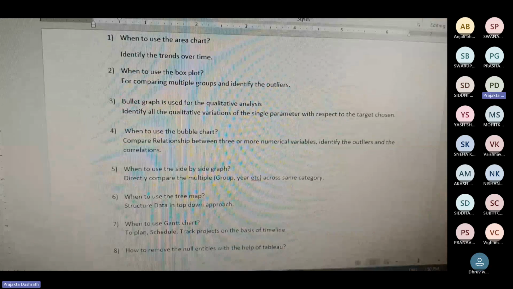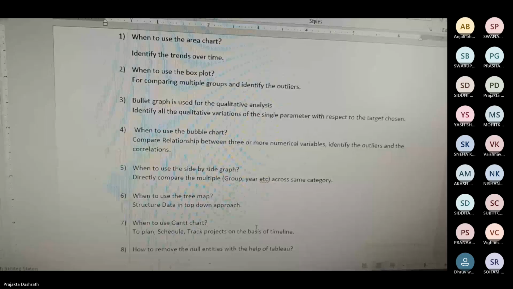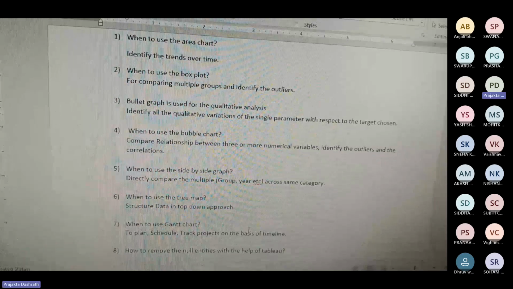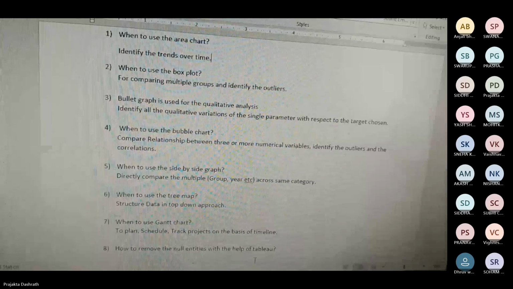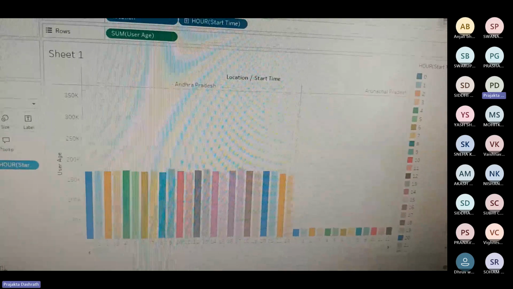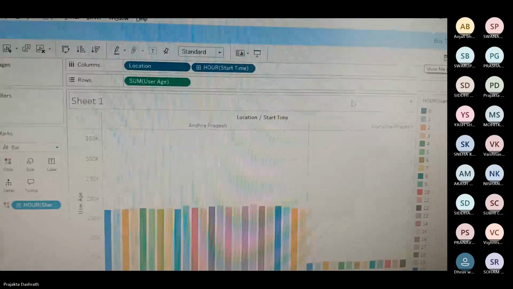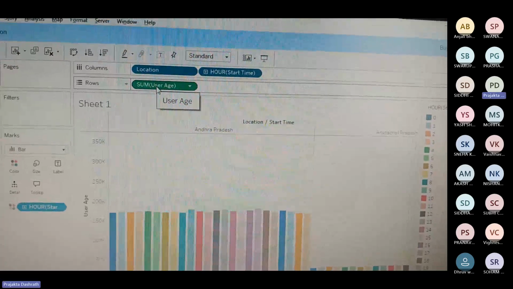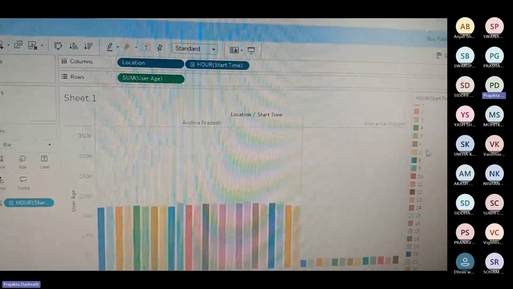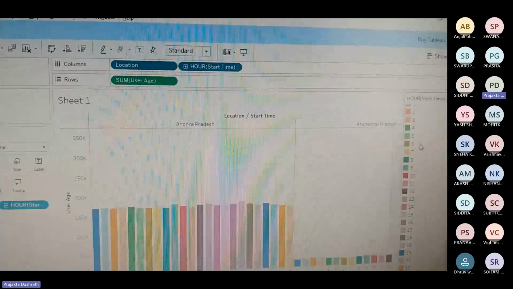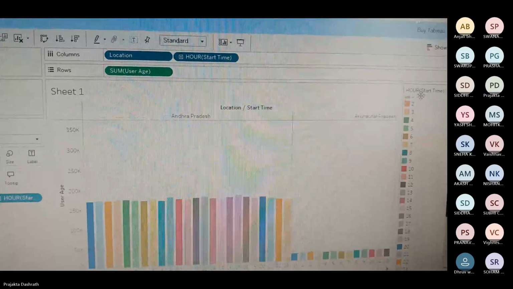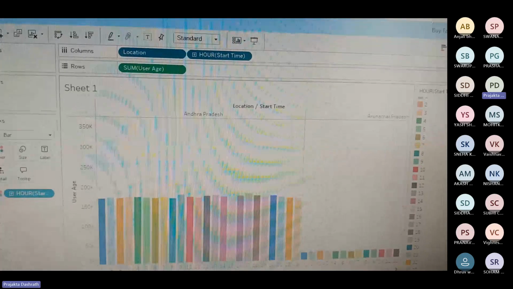Why is it possible? When to use side by side bar graph? To directly compare multiple things across the same category. Which category am I going for? The category is age, location, and start time. The variations are given on the basis of start time, so the base category is start time. I will repeat it once again.